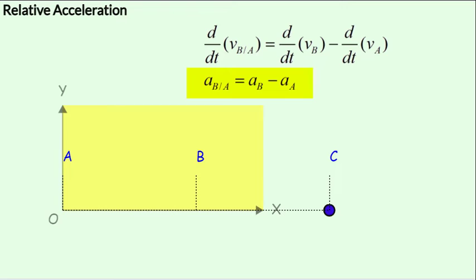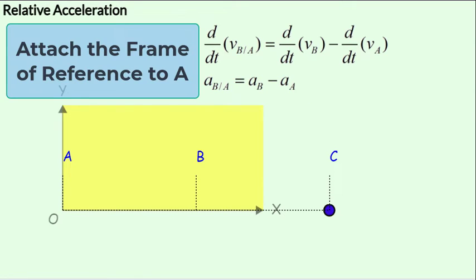So the acceleration of B with respect to A is the acceleration of B with respect to the ground minus the acceleration of A with respect to the ground. And this very much resembles what we had as the relative displacement of B with respect to A and the relative velocity of B with respect to A.